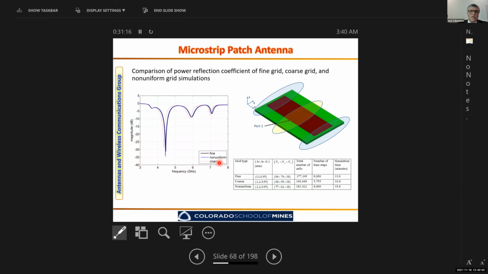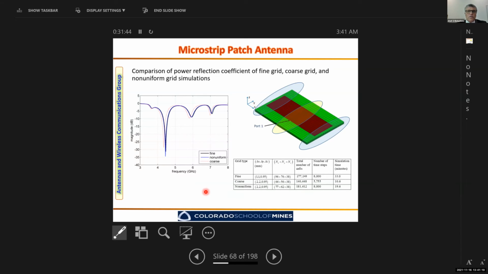The coarse mesh everywhere gives you a little bit of shift of operating frequency. With this non-uniform discretization, we saved the computation time from 33 minutes to about 20 minutes, and the storage also, number of cells, from about 277 million cells to 181 million cells. So saving in memory and saving in execution time as well.